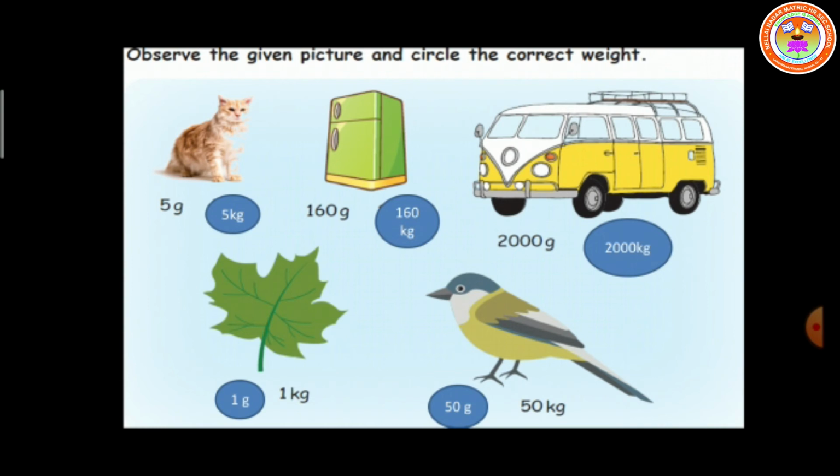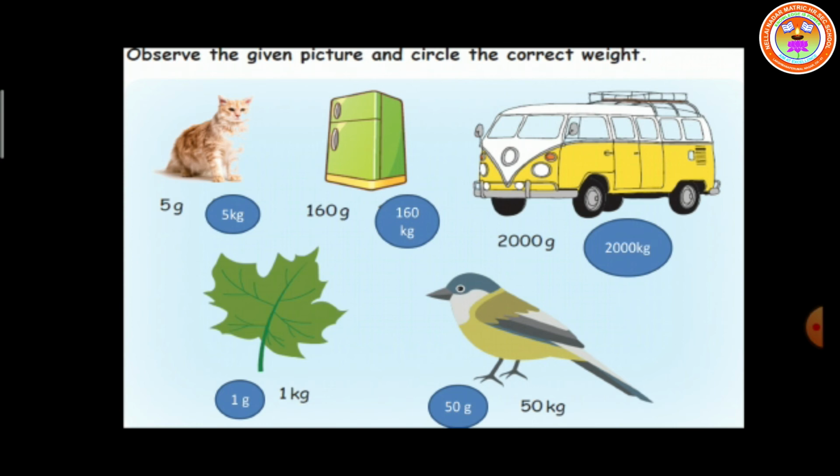Students, observe the given picture and circle the correct weight. Here they have given the first picture, cat. Cat is 5 gram or 5 kilogram. Obviously 5 kilogram. Then refrigerator is 160 gram or 160 kilogram. It's a heavier object, so it must be expressed in kilogram. It is 160 kilogram. See this van, 2000 gram or 2000 kilogram, 2000 kilogram only.